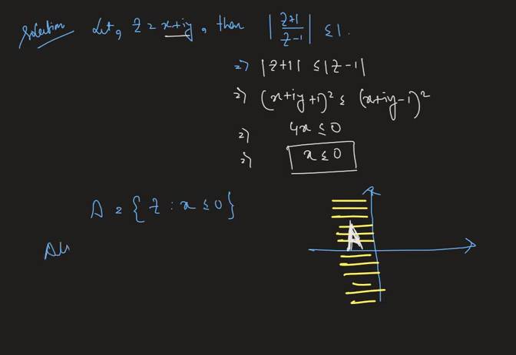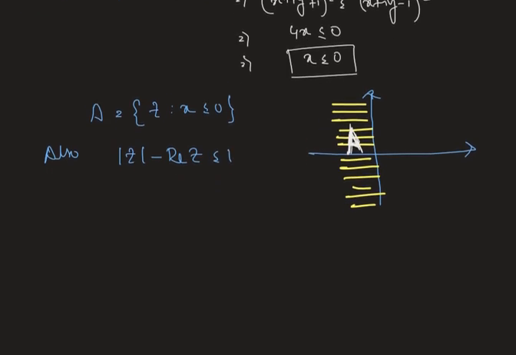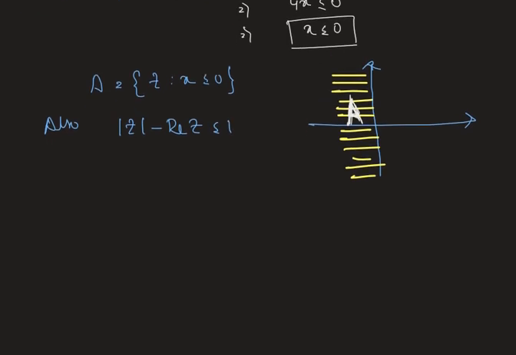Also we are given that modulus of z minus real part of z is less than or equal to 1, and from this we can write root over x square plus y square minus x is less than or equal to 1.